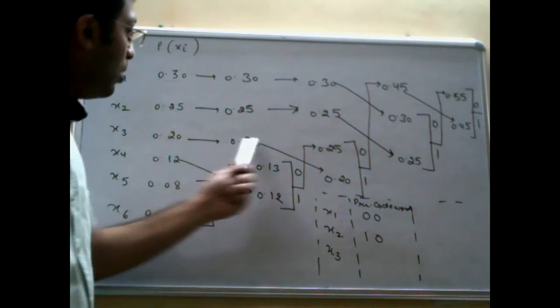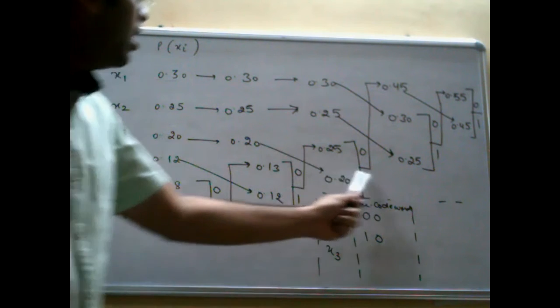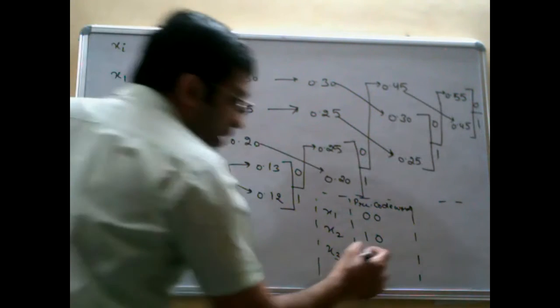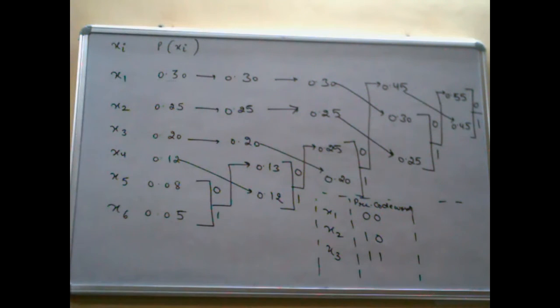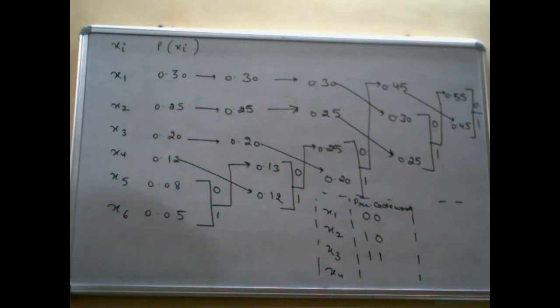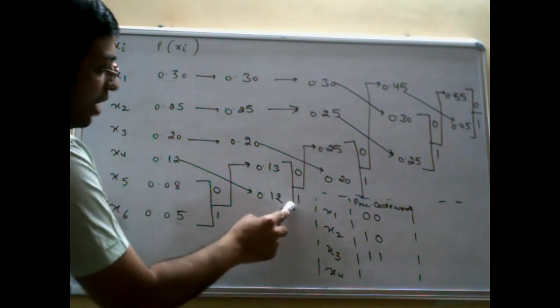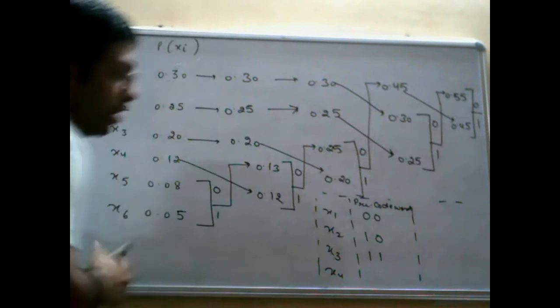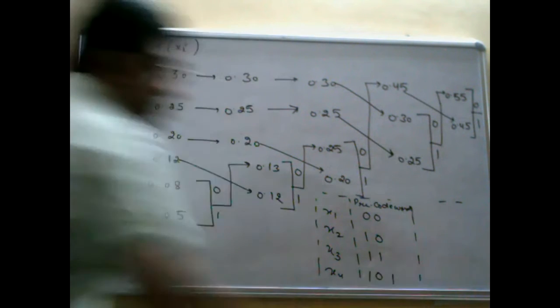If you move along the arrow, you will encounter 1, then top, then this. It will be 1, 1. Yes or no? Okay. Then for x4, it will be bottom 1, top 0, 1. It will be 1, 0, 1.